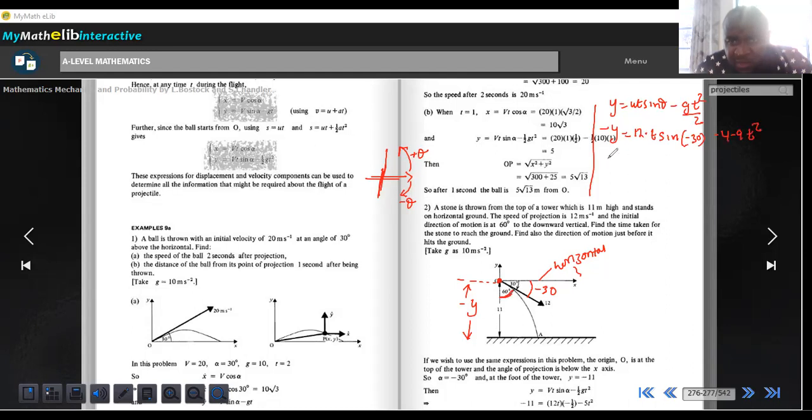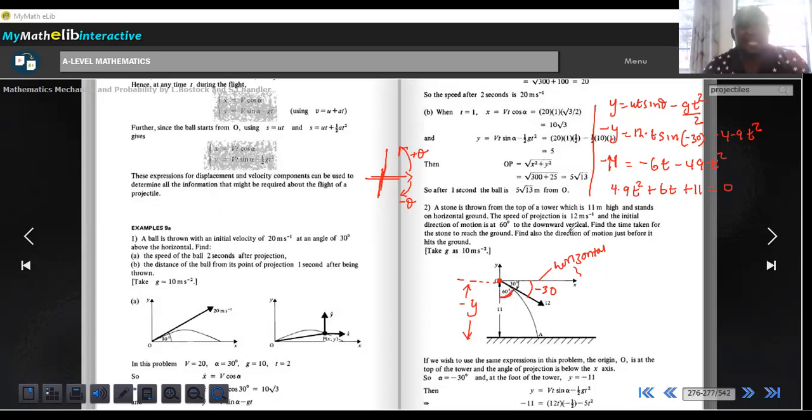With this we can find the time. So the height is negative 11, equal to negative 6t minus 4.9 t squared. Since everything is negative, we shall have 4.9 t squared plus 6t plus 11 equals 0. Can you find the time?